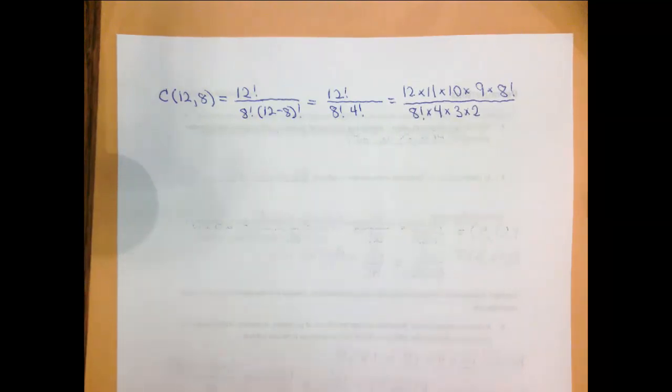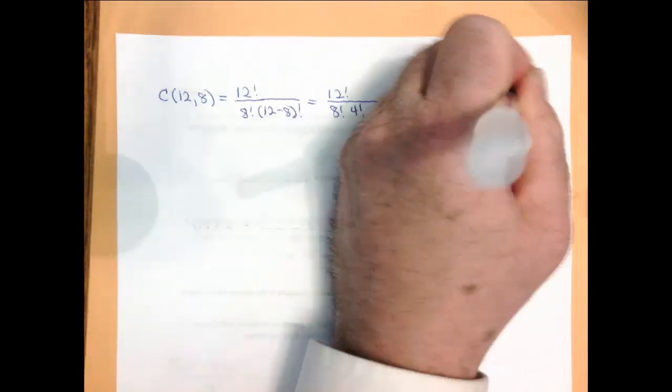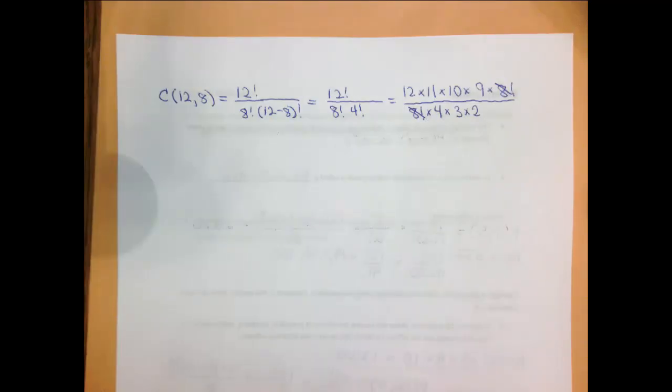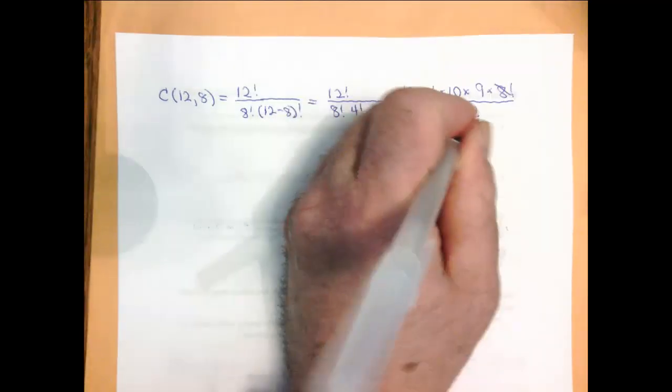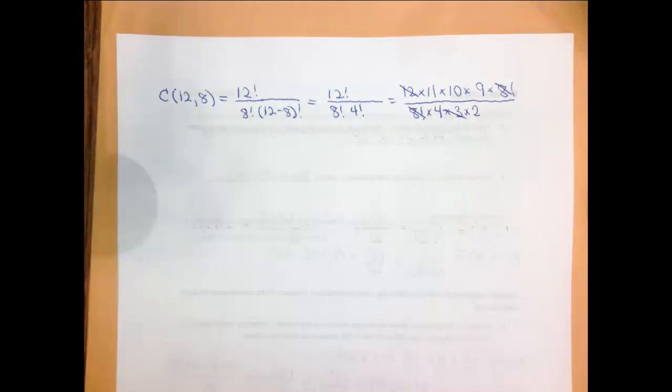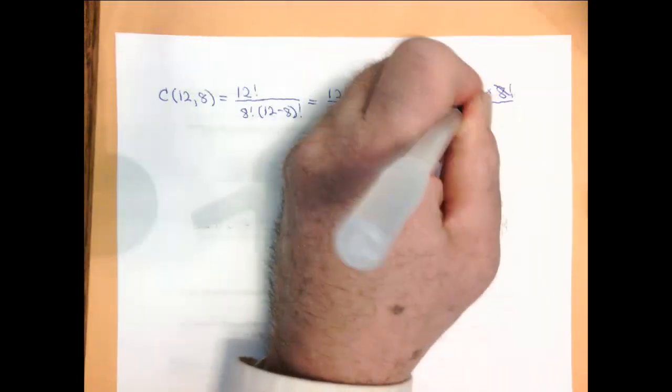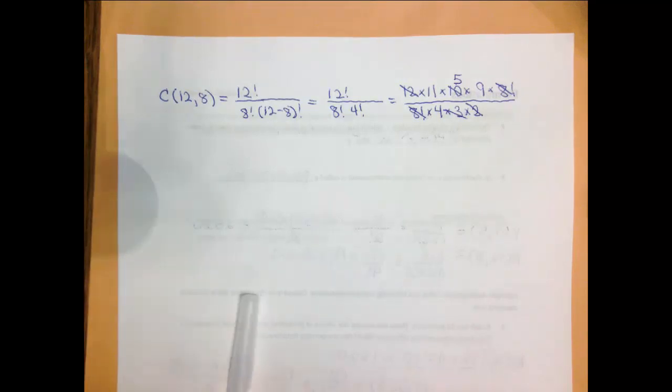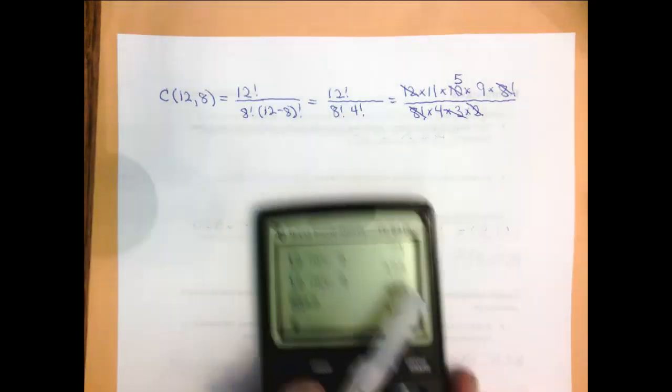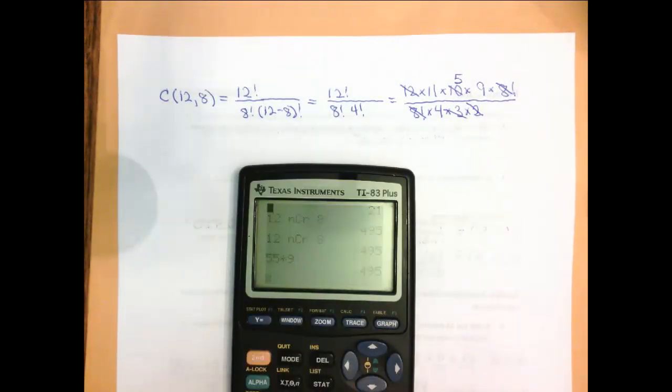At this point, we can cancel the common factors. 8 factorials are common. 4 times 3 is 12. That will cancel. And the 2 goes into the 10 5 times. That gives us 11 times 5 times 9, or 495.